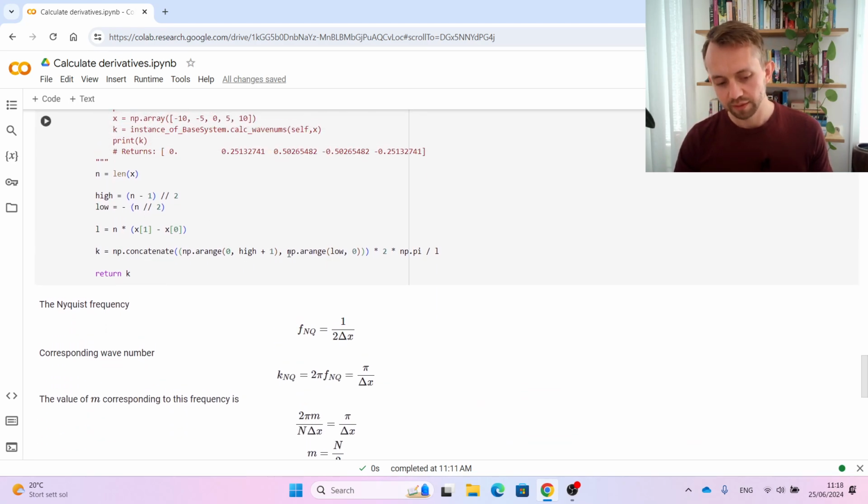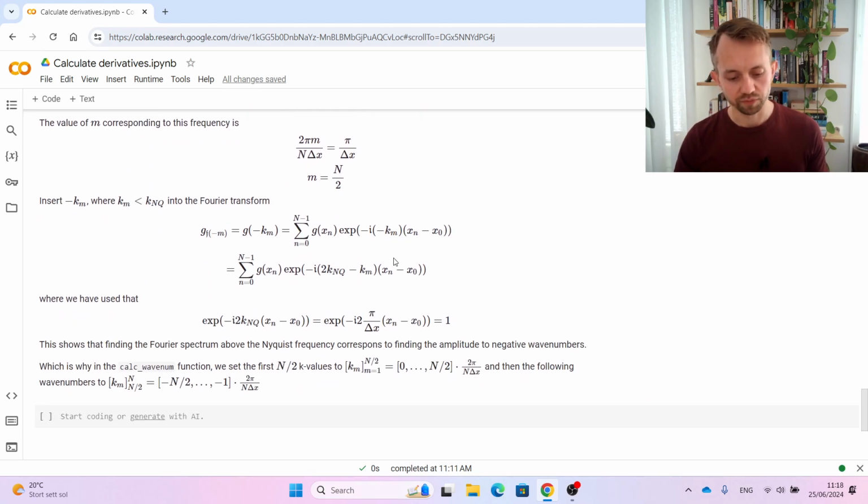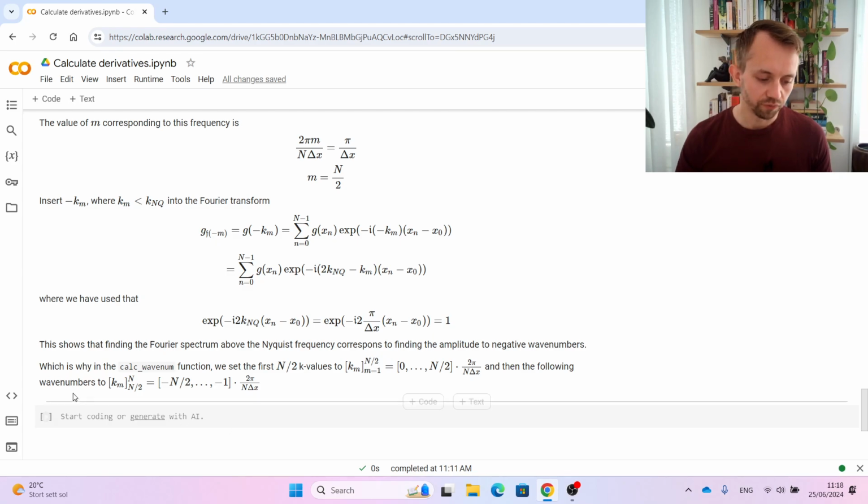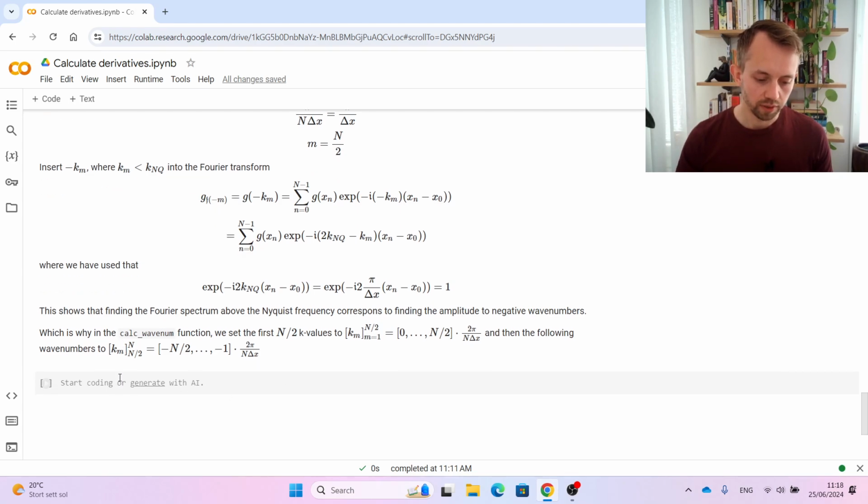So that's what's happening in this second part of this wave number function. Yes, so this is why we first set the n half k values to be just those, so 0 to n over 2 times this factor, and then the following wave numbers to this.